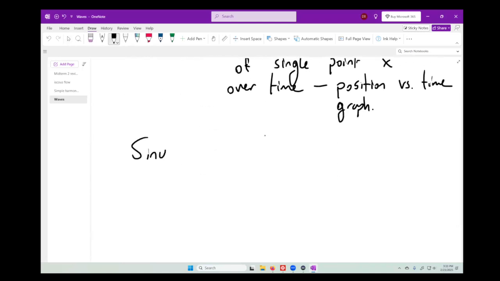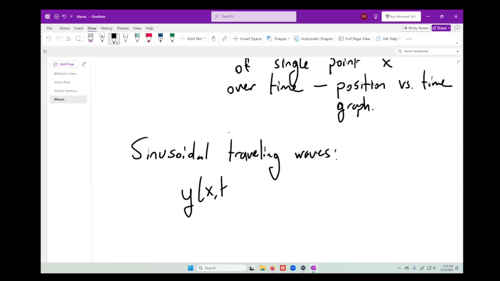All right, now for the particular case of sinusoidal waves, and again, this is traveling waves. We'll get to sinusoidal standing waves later. Our displacement is sinusoidal. So it's a sinusoidal function of both x and t. Okay, so I put the plus or minus here.